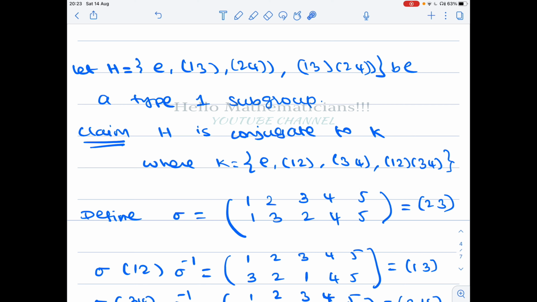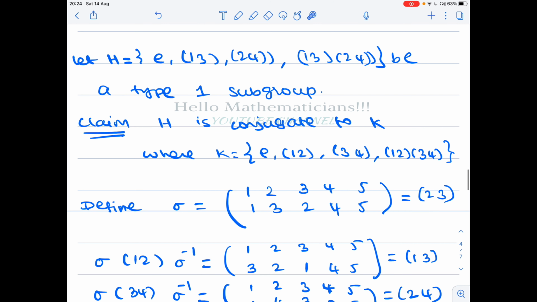Okay, so if you look at the cycle decomposition of this, 1 goes to 1, 5 goes to 5, 4 goes to 4, so only 2 3 remains, and 2 goes to 3, 3 goes to 2. So this sigma is actually a single 2-cycle. Okay, now I claim that this sigma, if you conjugate each element here, it will go to these elements. Therefore, these two subgroups are conjugate.